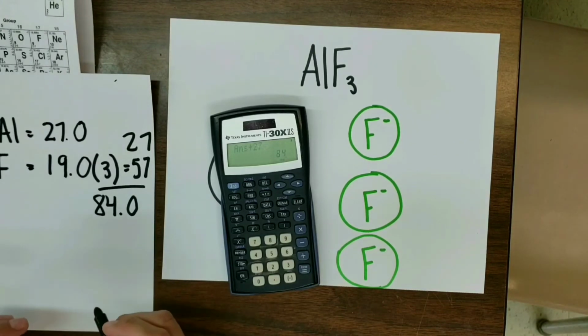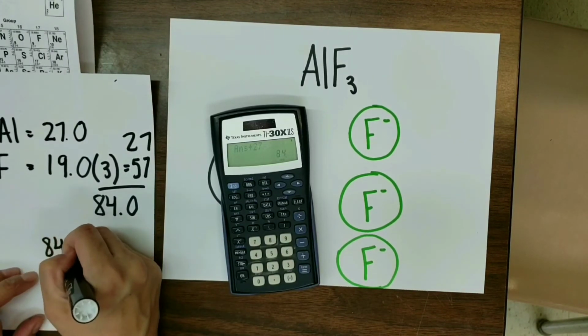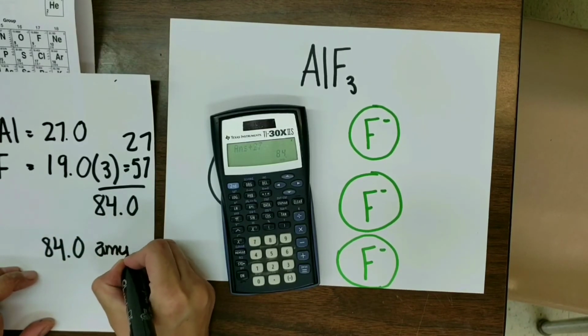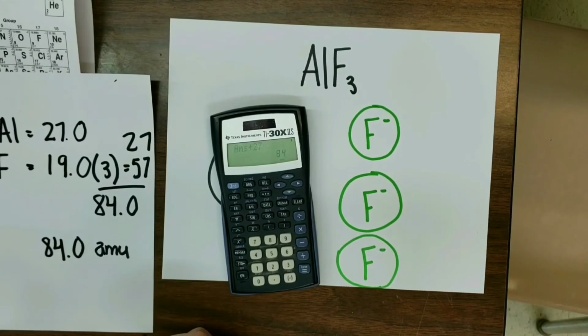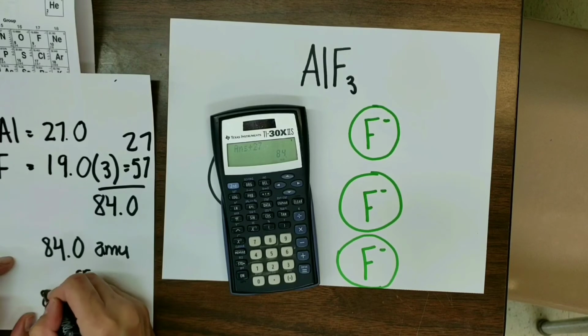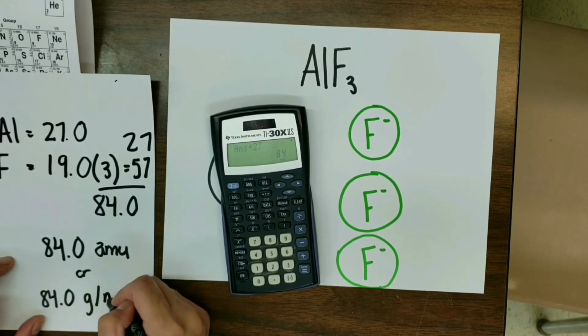Now, when we report an answer for gram formula mass, we can either use the units, atomic mass units, a derived unit where a proton is 1, a neutron weighs 1, and an electron weighs nothing. Or you can report the same number with the units of grams per mole.